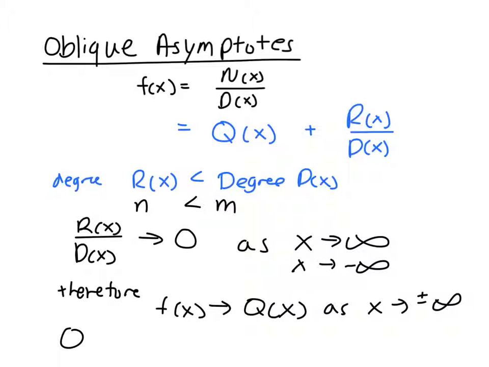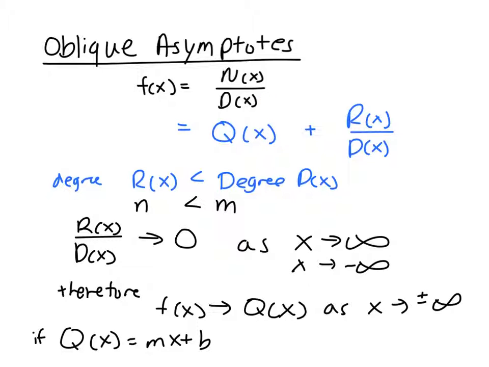If q of x is something like mx plus b, which will only happen if the degree of the numerator is exactly 1 more than the degree of the denominator. By the way, this will only work if the degree up here is higher than the degree down here. You can't do this division otherwise, or at least you can't write it like this. So q of x will be linear if the degree of the numerator is exactly 1 more than the degree of the denominator.